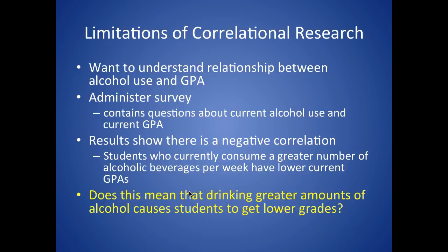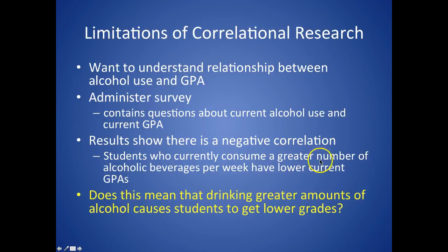So one of the big problems with correlational research is you get confounding of variables and you can't ever tell exactly how to interpret the results because these variables are confounded or intermixed one with the other. So again, if you had the alcohol use and GPA example, it might show a negative correlation.